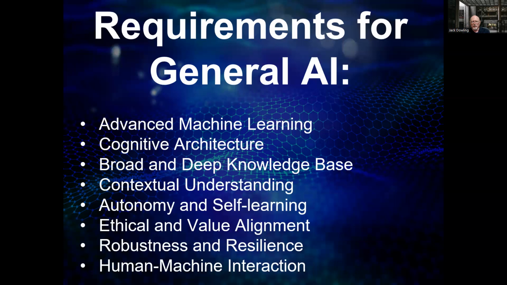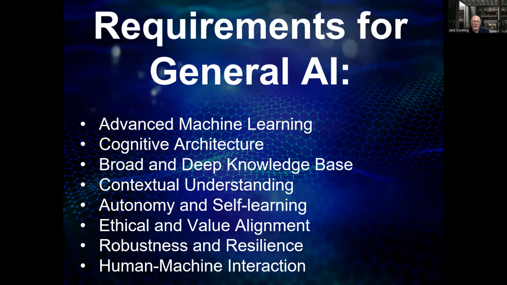So autonomy and self-learning: it's got to have the ability to autonomously acquire new information and knowledge, adapt to changing environments, and continuously improve its performance over time. And I think initially it's going to look goofy in a lot of ways, but over time it'll become more and more sophisticated in much the same way that a human does. It's got to be capable of self-directed learning, setting goals, making decisions based on its own internal learning, just like humans.